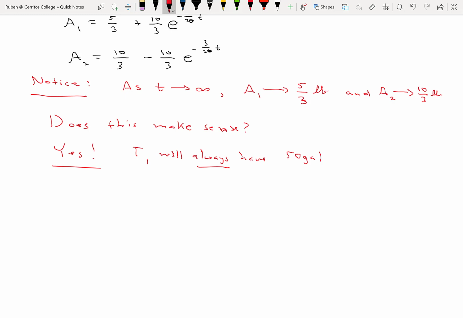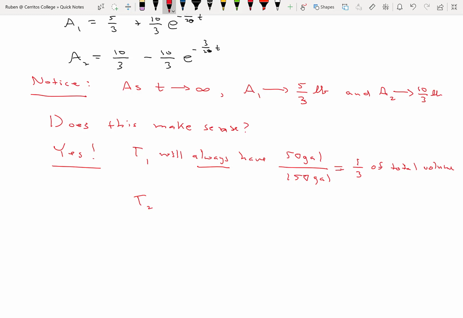The first tank has 50, the second tank has 100, so 150. So tank 1 will always have 50 gallons over 150 gallons total, which is 1/3 of the total volume of mixture. 50 is 1/3 of 150.